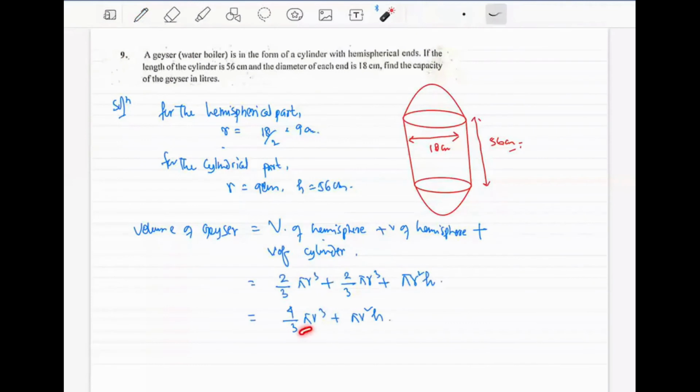We can take out pi, r square common factor. So what is left then? 4 by 3 r plus h. Remember, 4 by 3 r is left if pi r square is taken out. Out of the r cube, if r square is taken away, we have r left.